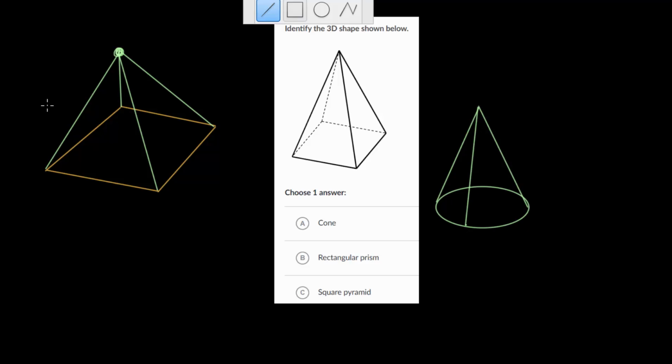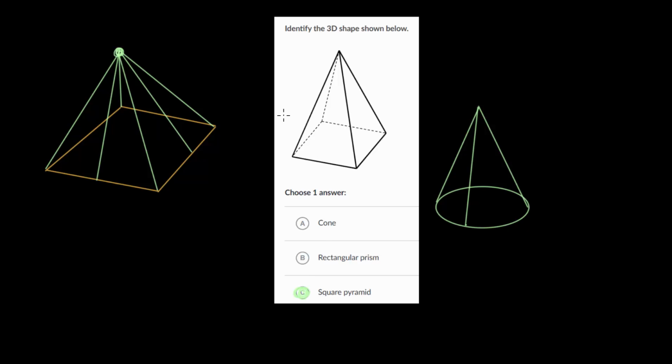So it's the same type of idea that you have some base and then all the lines coming from that base reach up to connect at one point, and the lines could also be coming from the side here to reach up, but all lines from the edge reach up to the same point. So pyramids and cones are similar, but a cone has a circular base, whereas a pyramid has some type of polygon as the base. And it doesn't have to be a square or a rectangle. This one, in fact, is a square pyramid.